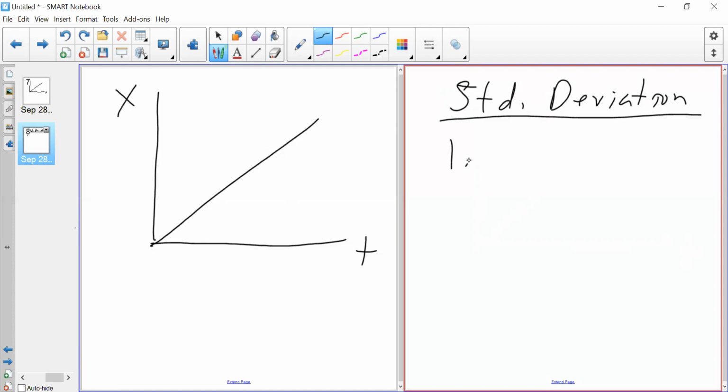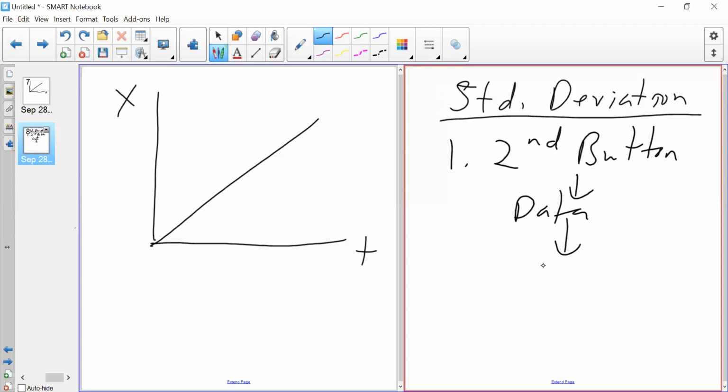Let me see if I can abridge these instructions. You're going to choose one var, meaning one variable. After you've done that, hit data and start entering those points, the points that I just put here on screen.